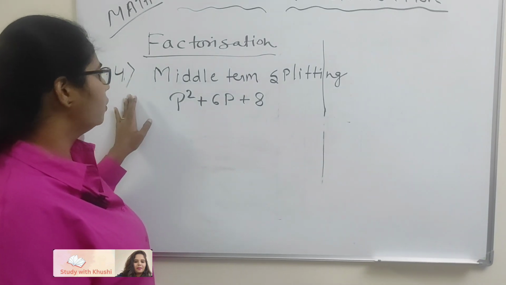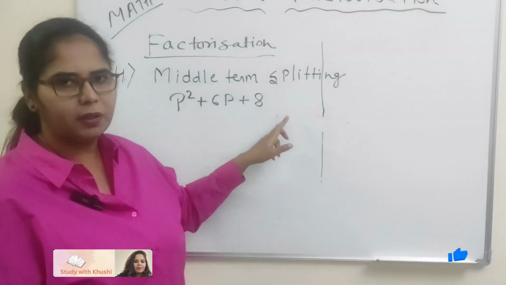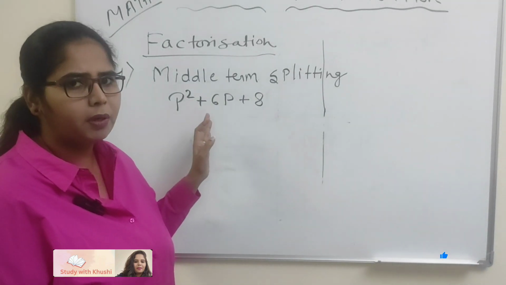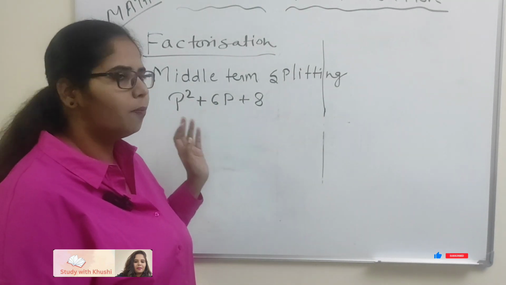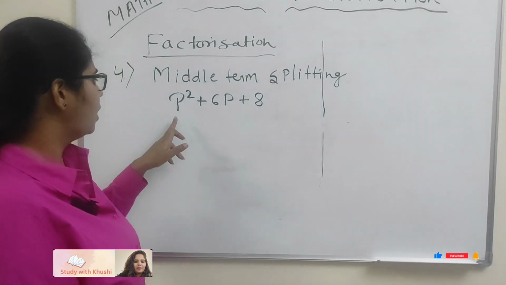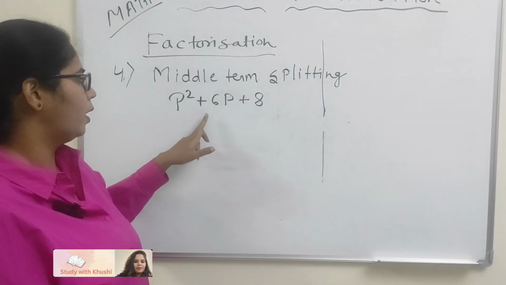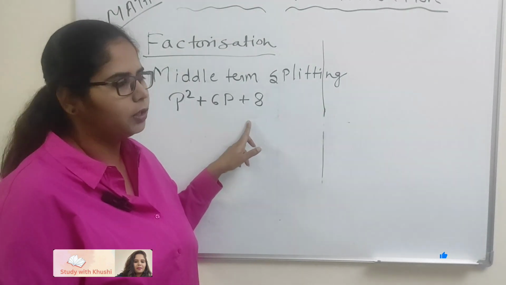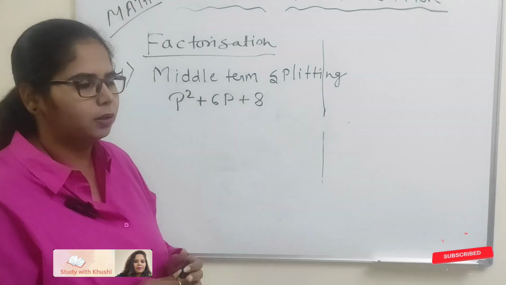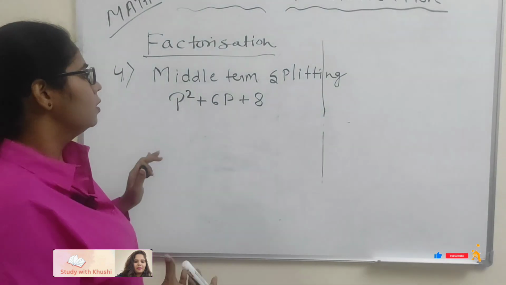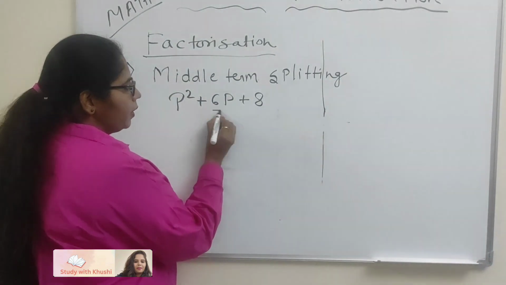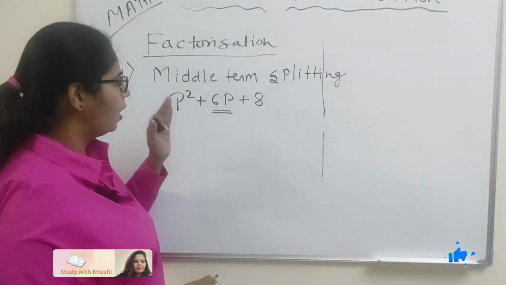Now our next method is the middle term splitting method, which is a very common and important method. Suppose I have to factorize p square plus 6p plus 8 by using the middle term splitting method. In this you have to split the 6p.